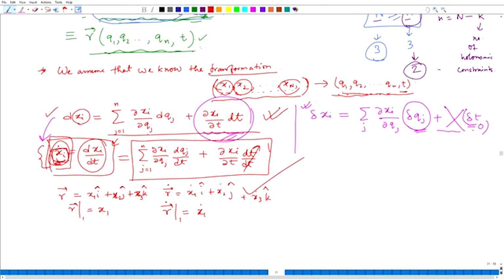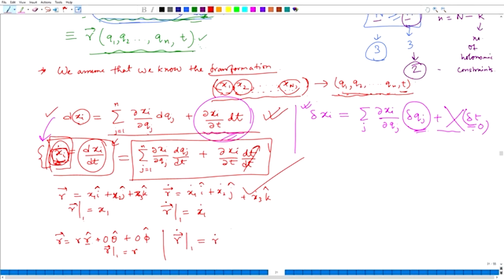Whereas, in the case of the plane polar coordinate system, for example, you have r is equal to r r cap, and if I now say that this is the first component and there is 0 theta cap plus 0 phi cap, of course, this is the definition, then r vector's first component is r. So, the r dot 1 will be simply equal to r dot.